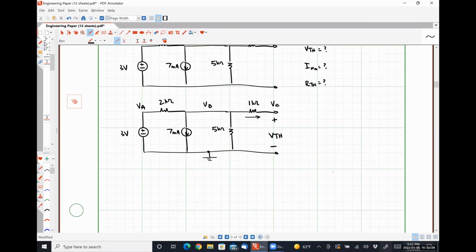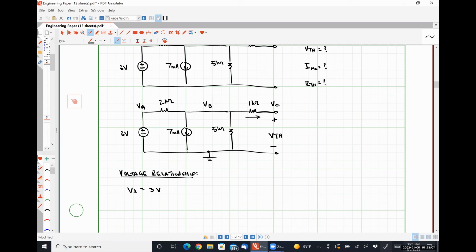So we have identified all of our nodes, labeled them, selected a ground. So obviously we have a voltage relationship equation. That is simply VA is equal to 3 volts.